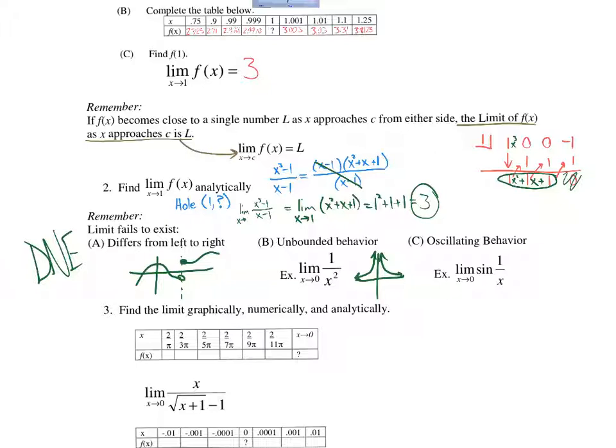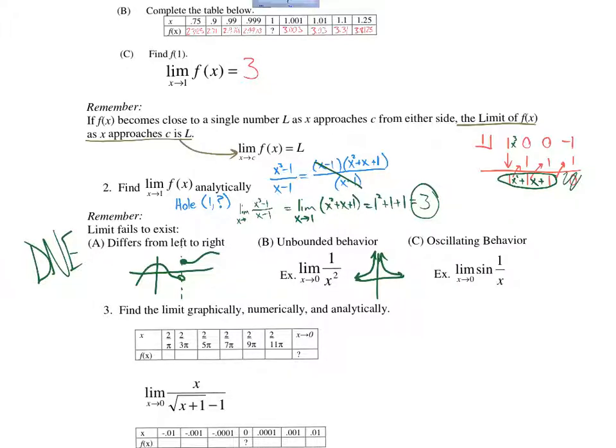And then C is one that we don't run into all that often, but it is another case where we have oscillating behavior. Oscillating simply means going back and forth between two set values, okay? If it goes back and forth but it's getting smaller and smaller, we could have a limit that exists. Or getting bigger and bigger, or something like that.